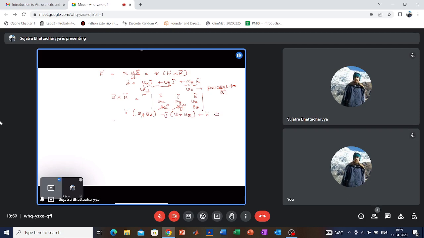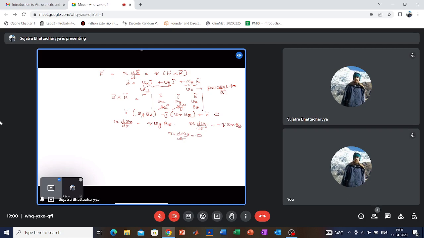Therefore what we are getting is m dVx/dt is q Vy Bz. Similarly, m dVy/dt is equal to minus q Vx Bz, and m dVz/dt is equal to 0.